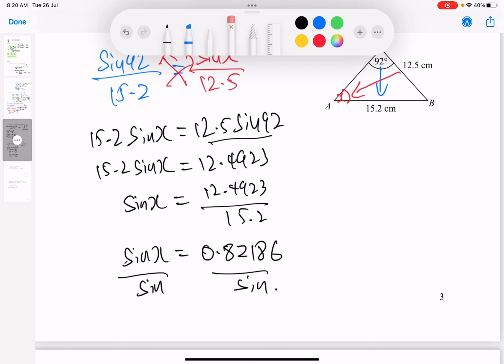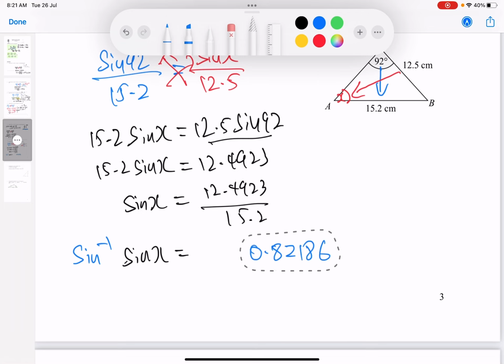When it comes to sine, if you want to get rid of this sine over here, and this is very important, the only thing we can do is take sine inverse on both sides. That means we sine inverse the left and the right side. The sine inverse and the sine neutralize each other such that you are only left with x.